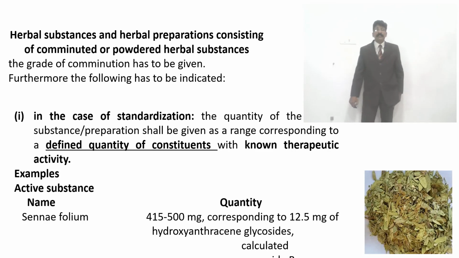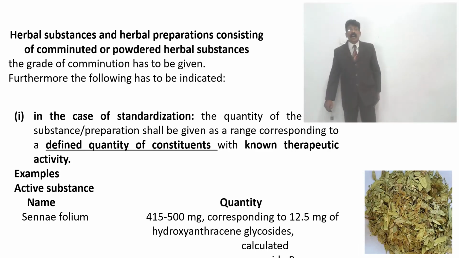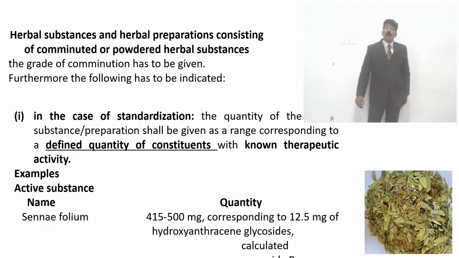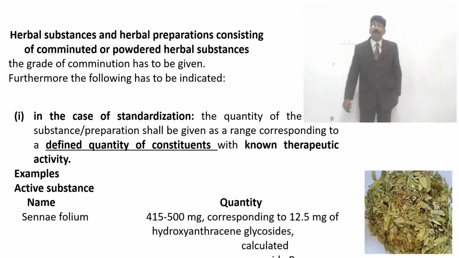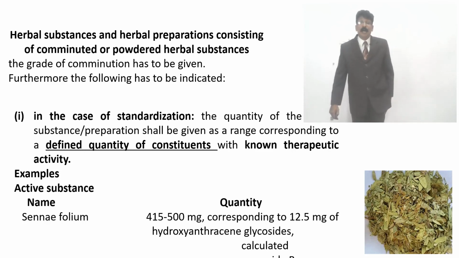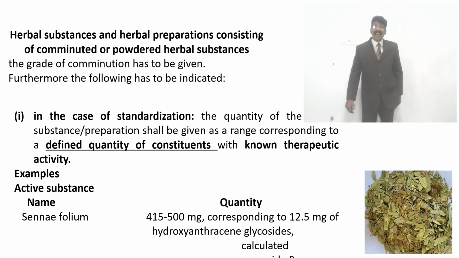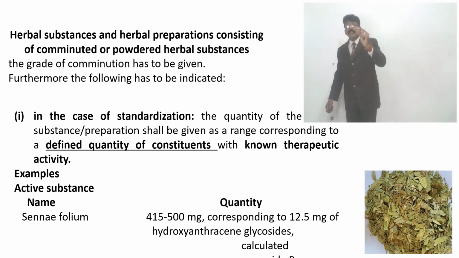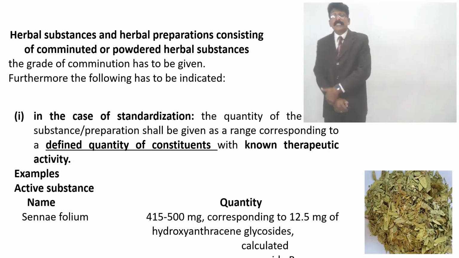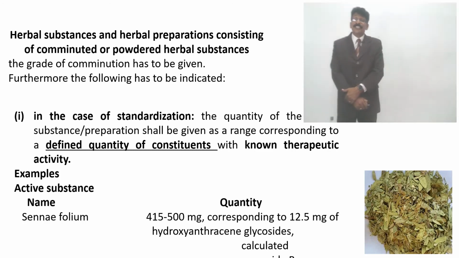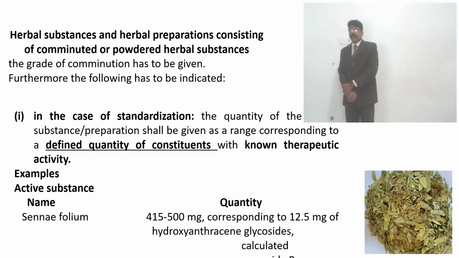An example is Senna folium 415 to 500 milligram, corresponding to 12.5 milligram of hydroxyanthracene glycosides calculated as Sennoside B. We know this drug is a leaf which can be powdered, and so it is called the standardized form.